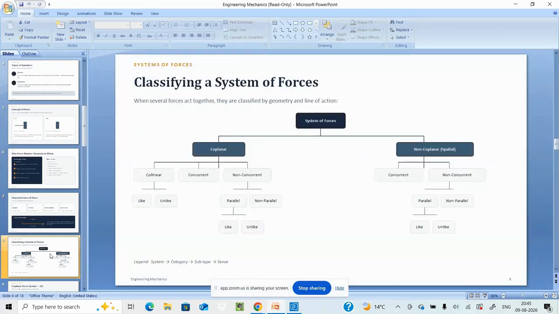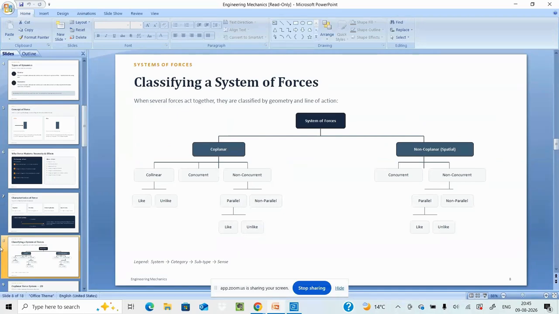Now we'll be seeing about the systems of forces. If you see the system of forces, it is mainly divided into two things: the coplanar forces and the non-coplanar forces. If you are able to see this flowchart, you'll know what forces are there.